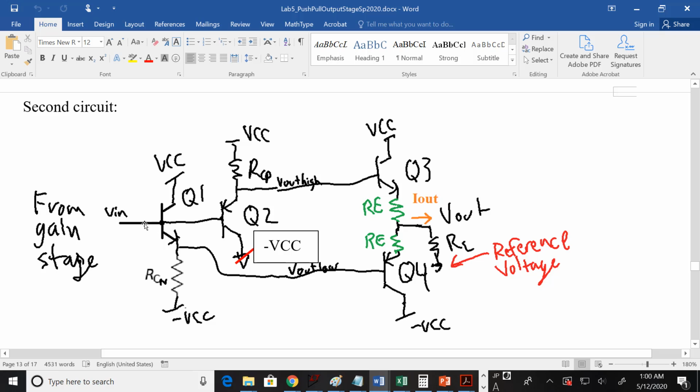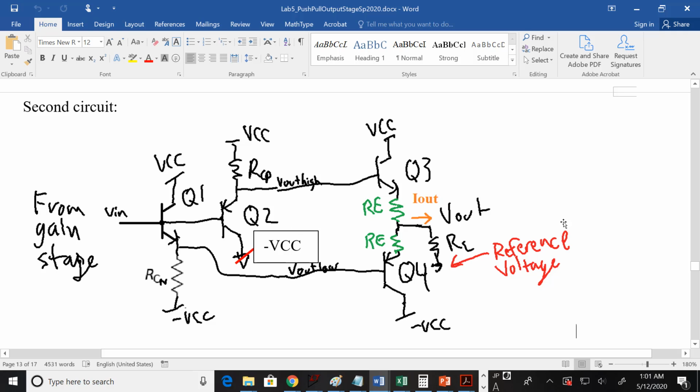On an NPN, the base is higher than the emitter. And for BJTs, which is what we're using here, that difference is about VBE on. So Q2 shifts your Vin up by a VBE on, and your NPN-based common collector shifts it down by VBE on. So this wire is VBE on higher than Vin. This is VBE on less than Vin. So the difference between these two wires is 2 VBE on.